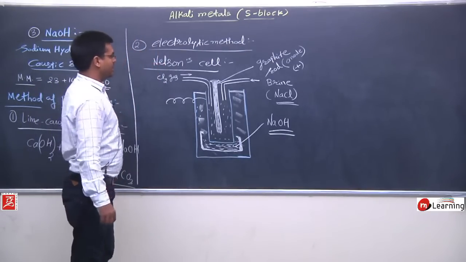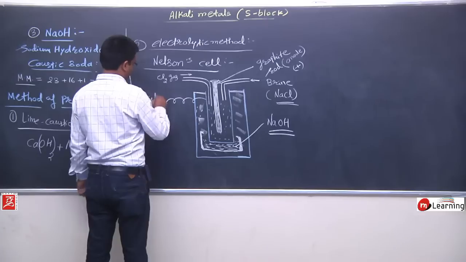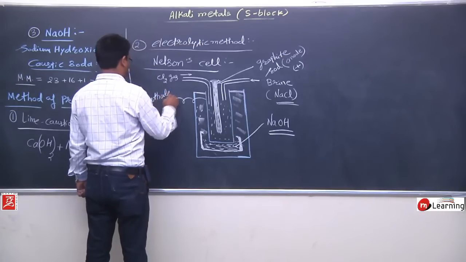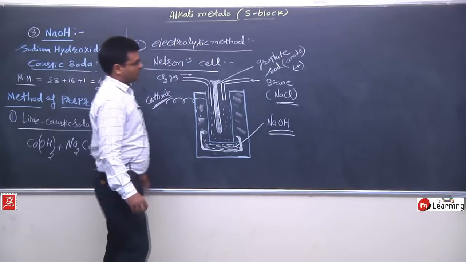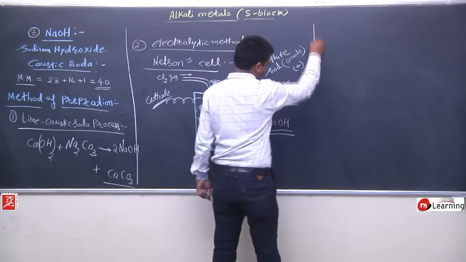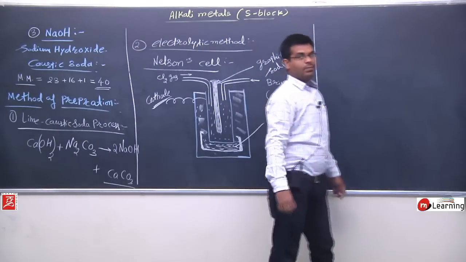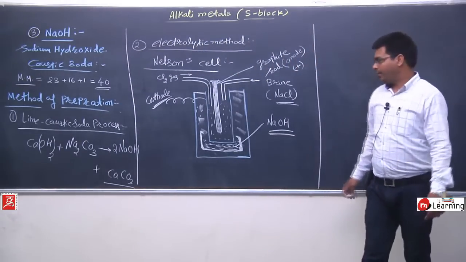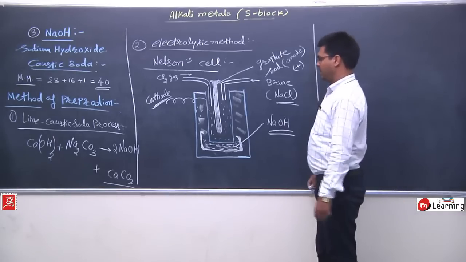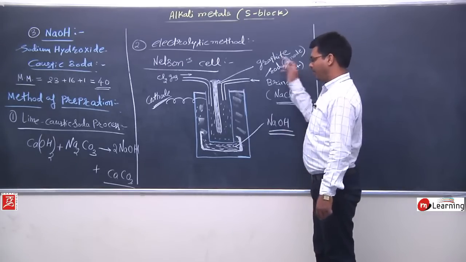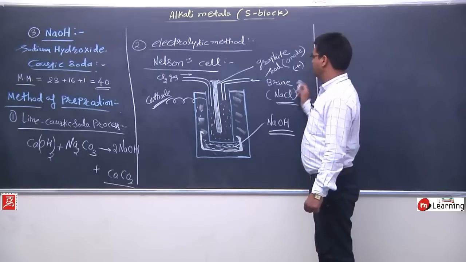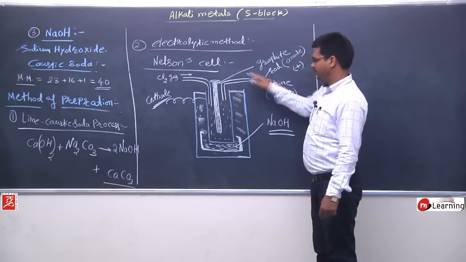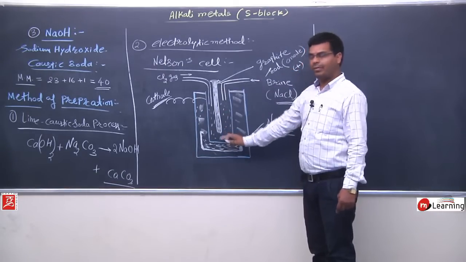These are the different points: anode and cathode points. It is the most important topic of this. Note down the different compounds necessary for the method of preparation in the Nelson cell. The center rod is called the graphite rod.